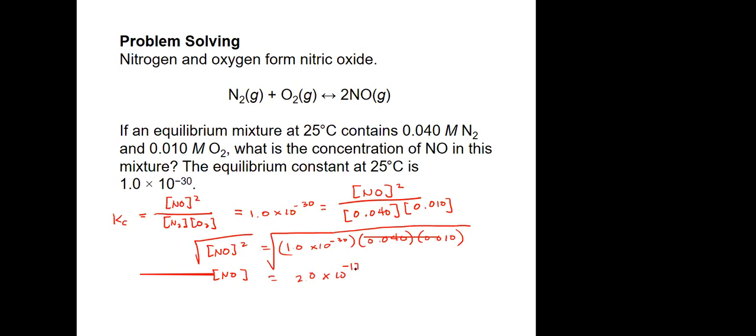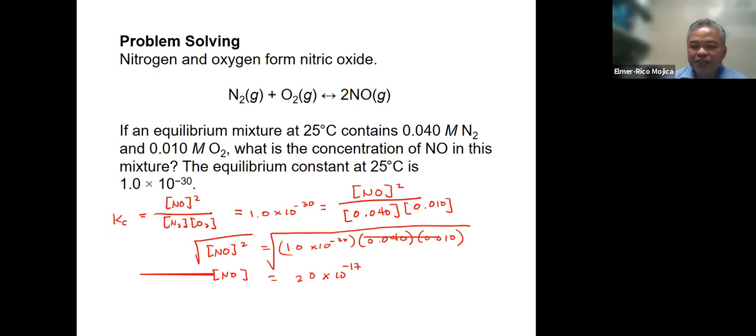Okay, 17 is the right one. So you multiply 1.0 times 10 to the negative 30 times 0.040 times 0.01, and then you get the square root of that. Everyone got this? Class?